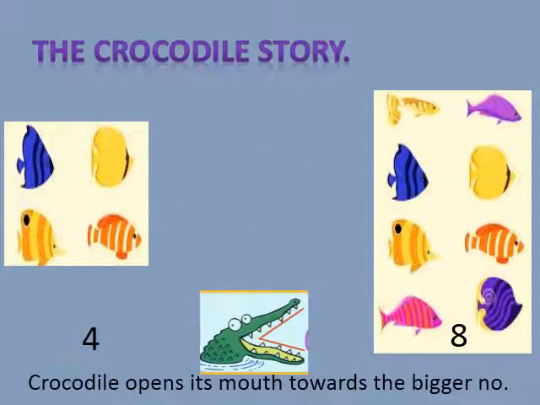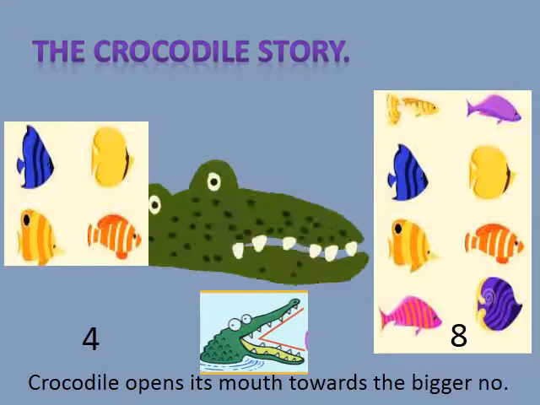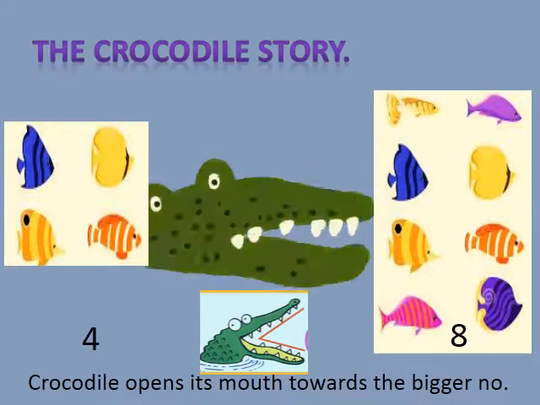So it opened its mouth to the side that has more fishes, that is 8 fishes. So children, can you see the sign that is formed by the crocodile mouth? So you can see the crocodile is opening its mouth to the greater number.